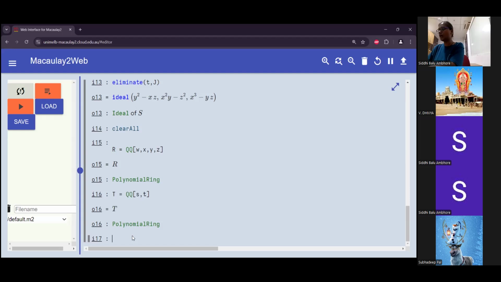So these two are there, and F is my map, again from T to R, such that it is s^2, s*t, s*t^2, and t to the power 3.